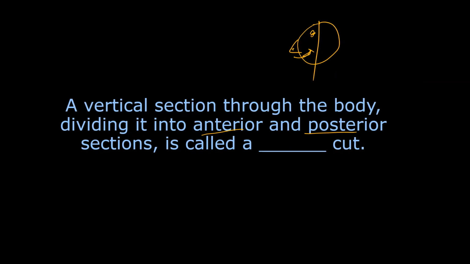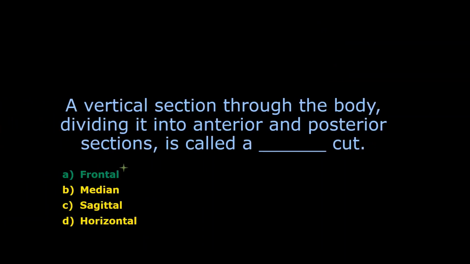But if we're cutting front from back, that's either called a frontal or a coronal cut. So let's look for that. Frontal. There it is. That was easy. That's probably going to be our answer. Let's just make sure there's nothing spooky that's going to mess us up. Median, nope. Sagittal, nope. Horizontal, no. So A is the winner.